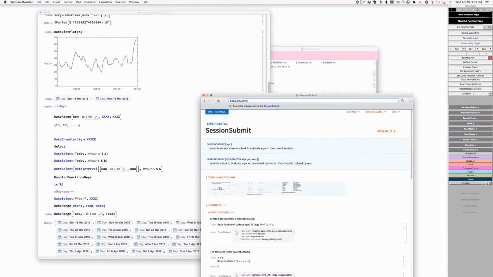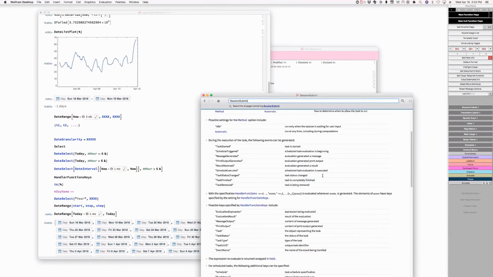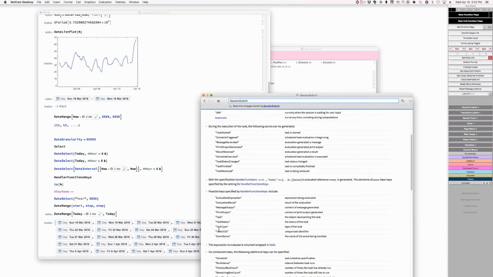So for example, session submit will have many possible handler function keys, which means that the actual handlers being used in following events can be generated. Possible keys are specified by handler function keys. You see where I'm going with this? So in a sense, what we're doing is we've got an as-if association, and the question is what keys are going to be generated for the as-if association. Okay, yeah.